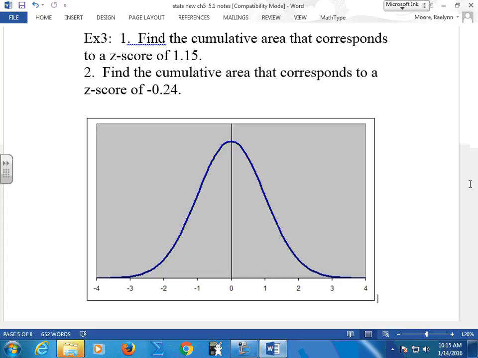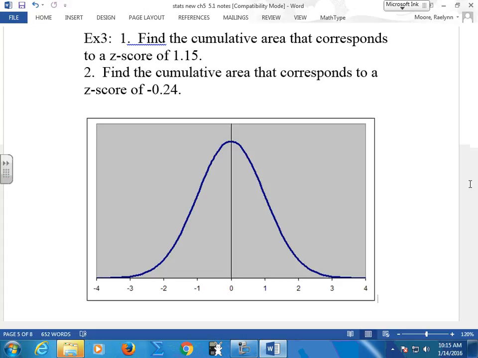You would shade it to the right, and how would I find that area? Anything left from 1, right? If your whole area adds up to 1, if you want the area to the right, then we're going to use 1 minus that area. It's like the complement condition. Anything but, everything but, just like Will said.